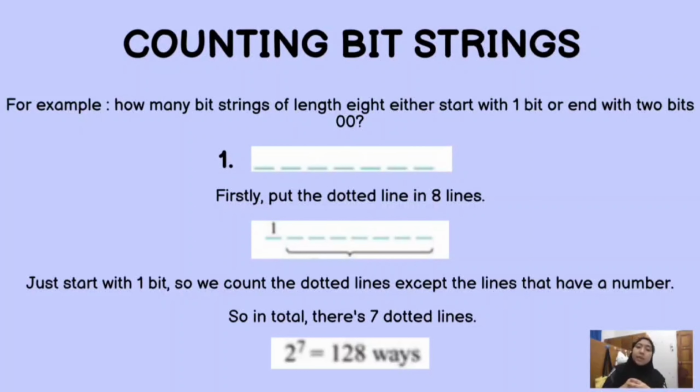For example, how many bit strings of length 8 either start with a 1 bit or end with the 2 bits 00? For the solution, use the subtraction rule.